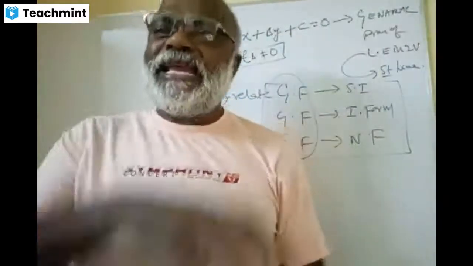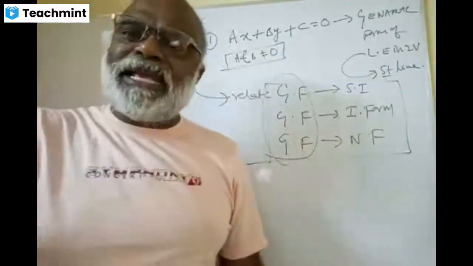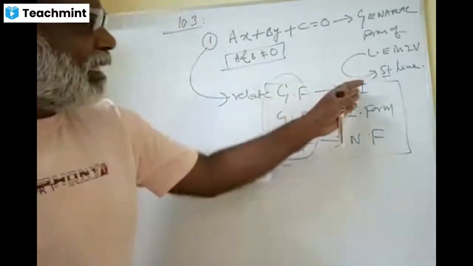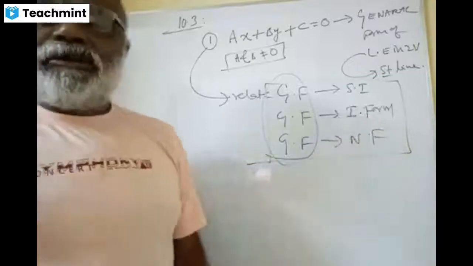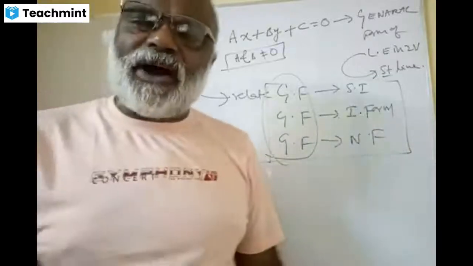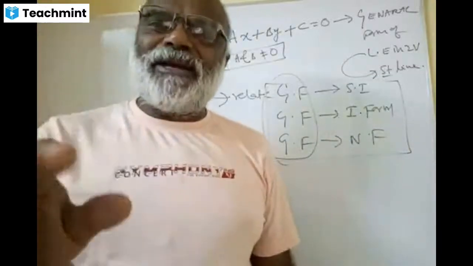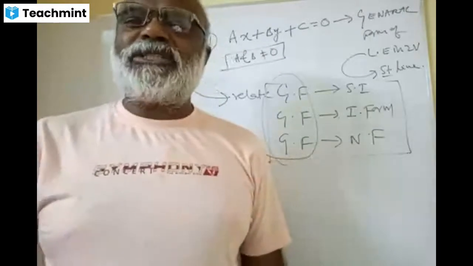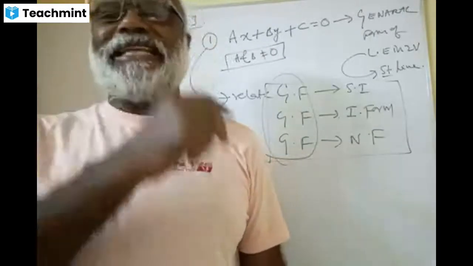Let the line be in any form. You can't translate or transform the two-point form into this, because in the two-point form, points are given.